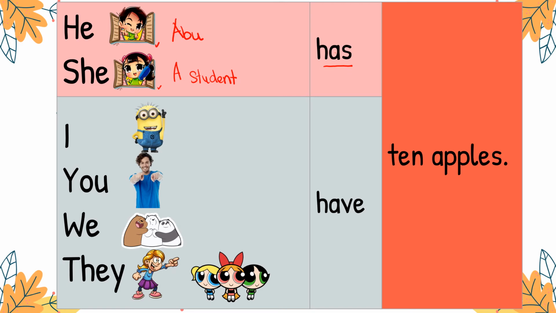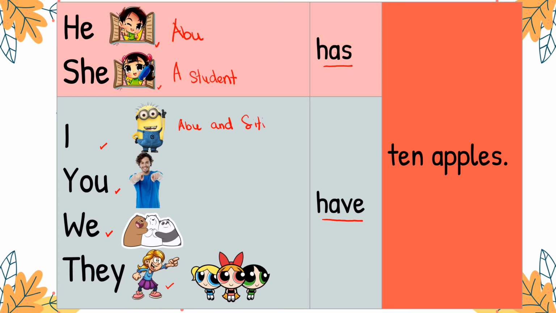Now, when we use I, saya, you, awak, we, kita, they, mereka akan guna have. Kalau kita tukarkan Abu and Siti. Okey.